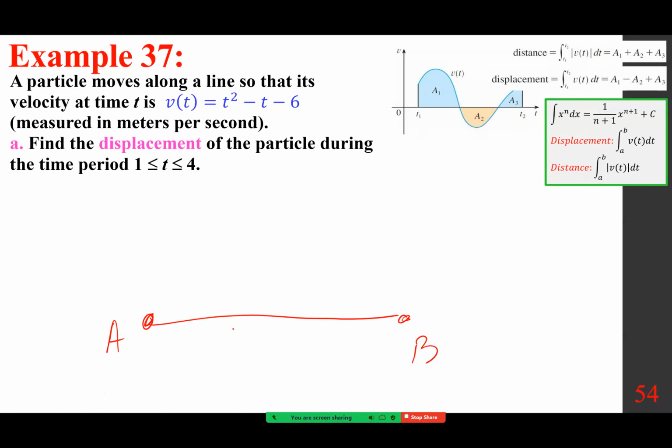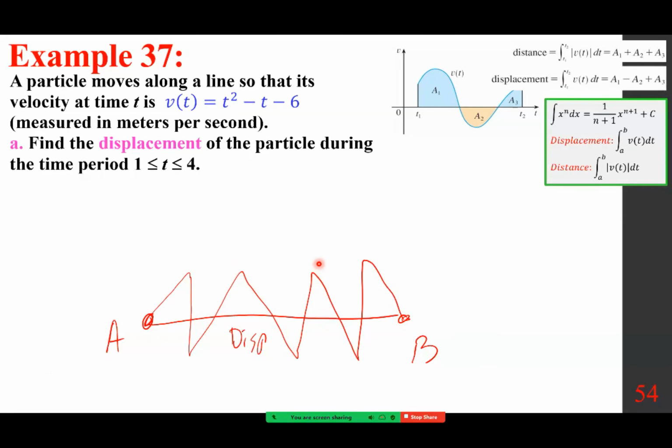But if you went zigzag this way, that way, this way, that way, until you got here, your displacement is the same thing. It's A to B, but the distance you covered is this, plus this, plus this, plus this. All of those you have to cover. That's the distance. But you just went from A to B. So displacement versus distance.